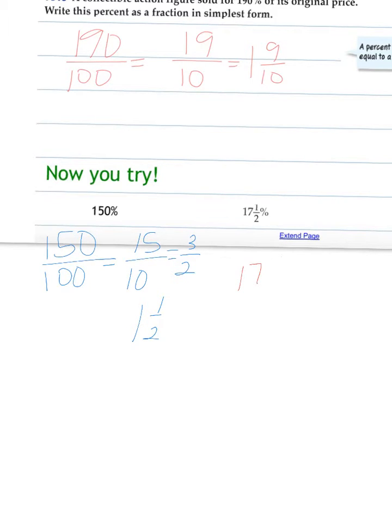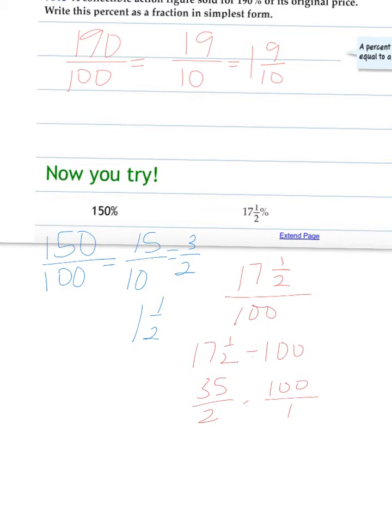17.5%, so we write 17.5 over 100. All right, now that's the same thing as 17.5 divided by 100. 17.5 we write as an improper fraction. So 17 times 2 plus 1 is 35 over 2 divided by 100 over 1.